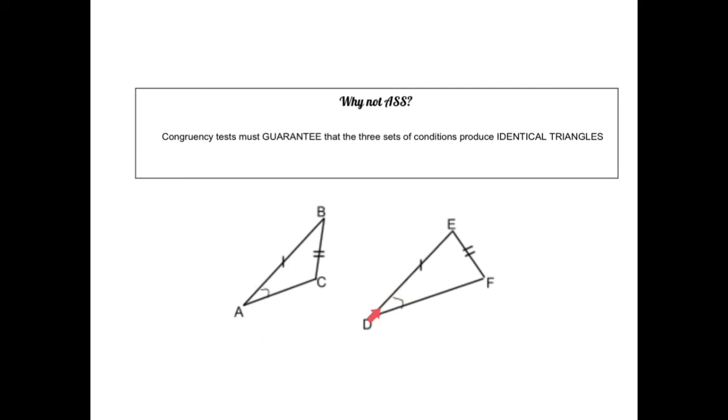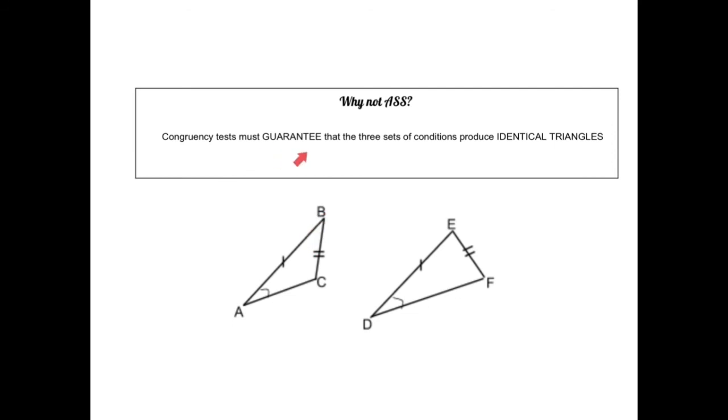So if I have an angle and then two sides, like ASS suggests, then we are not guaranteeing that that third side has to be the same length, because this side BC that is congruent to EF here, there's no argument with that, but it could be swung in to have an acute angle, it could be swung out to be right, or maybe an obtuse angle even, and we could dictate the length of DF or AC however we want to swing this side BC, however we want to create this angle here.